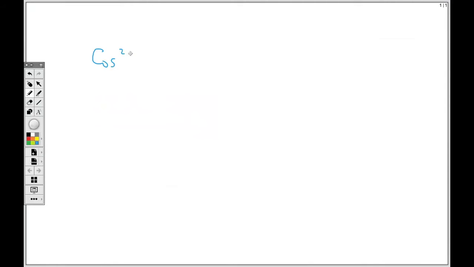So explaining this further, we have cos square x, and we know from the identity that cos square x is the same thing as a half, open bracket, 1 plus cos 2x.